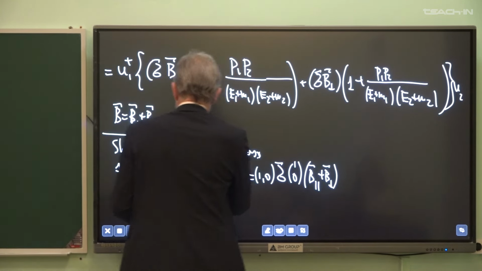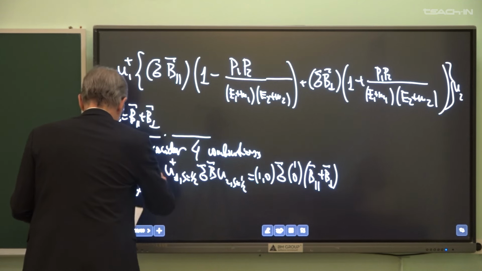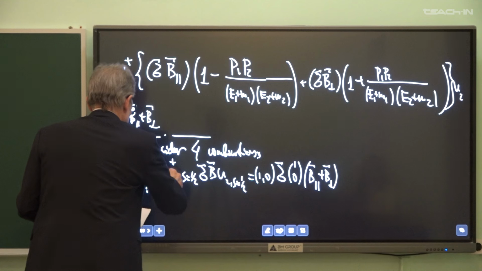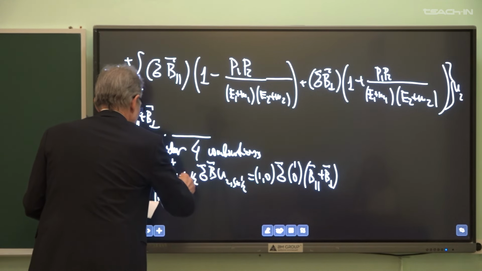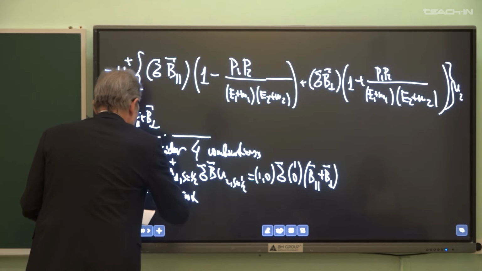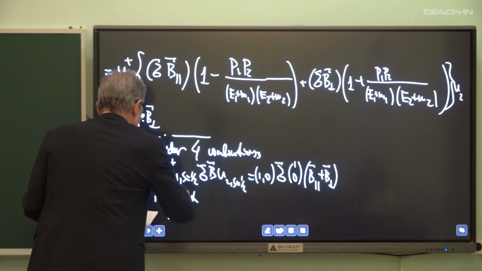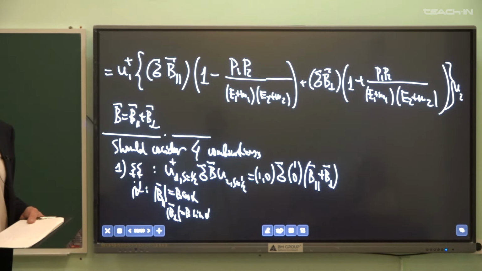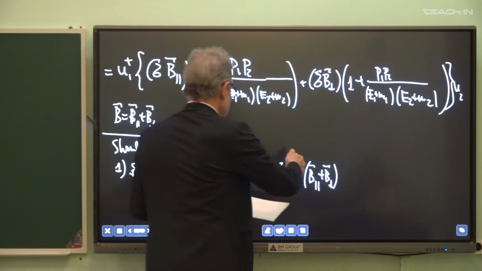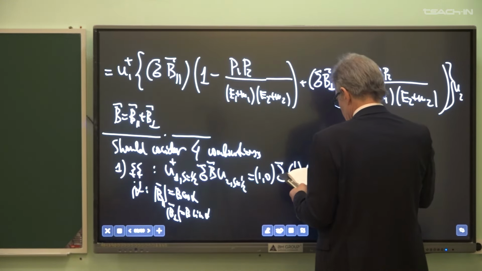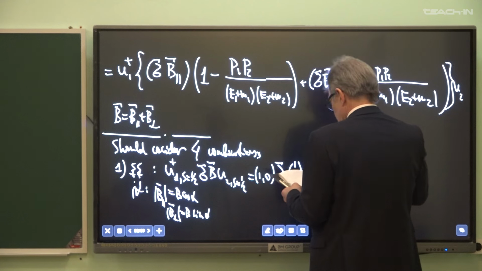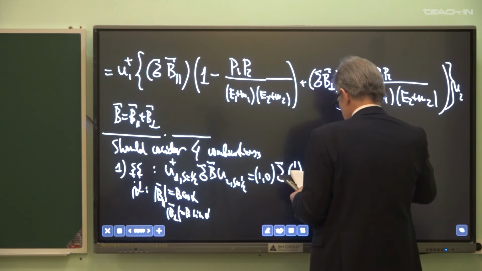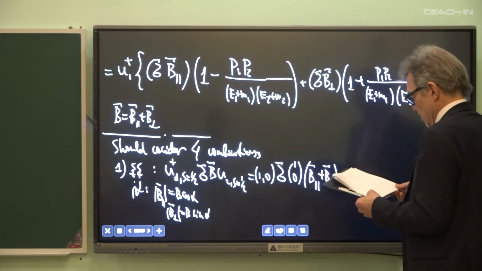And if we agree that B longitudinal equals B cos alpha and B transversal equals B sine alpha, we just make a projection, then it will give the result B cosine alpha.